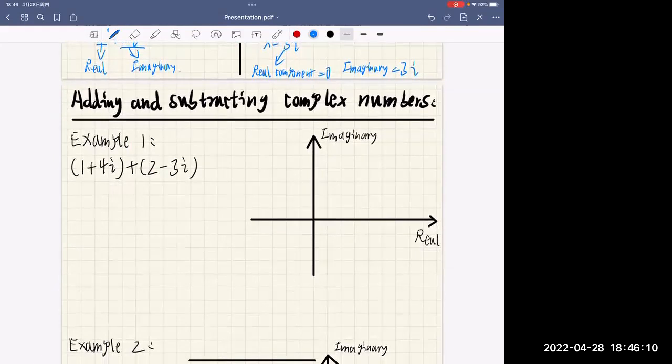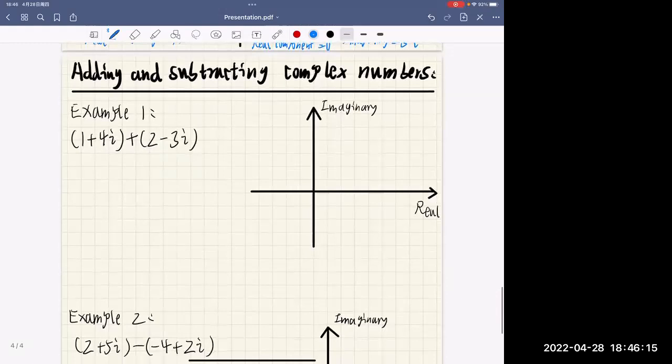Okay, now let's move on to adding and subtracting complex numbers. So let's have a look at example 1. We add their real components together and then add their imaginary components together. Let's say example 1 is 1 plus 4i plus 2 minus 3i. Let's say 1 plus 4i is complex number A, and 2 minus 3i is complex number B. So we add their real components together, so that is 1 plus 2.